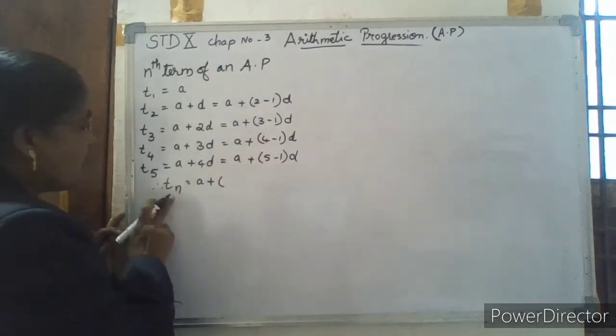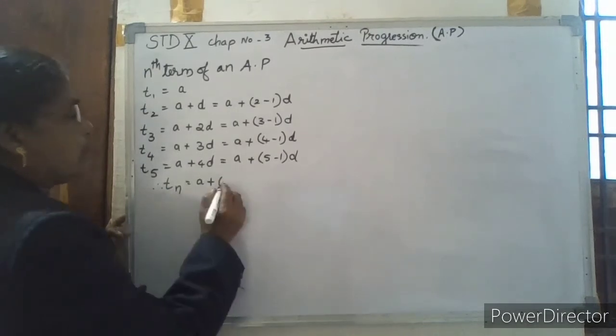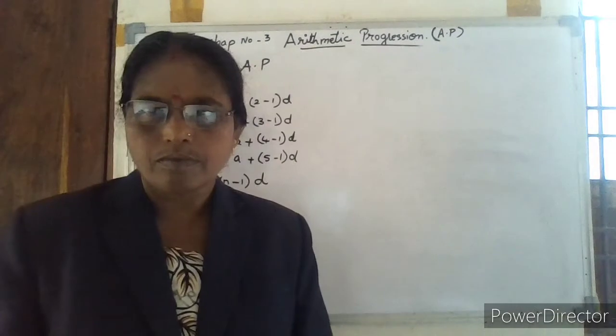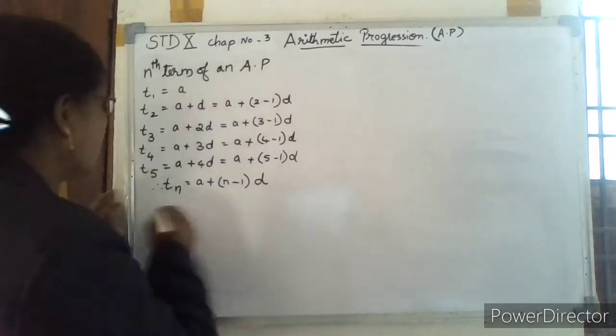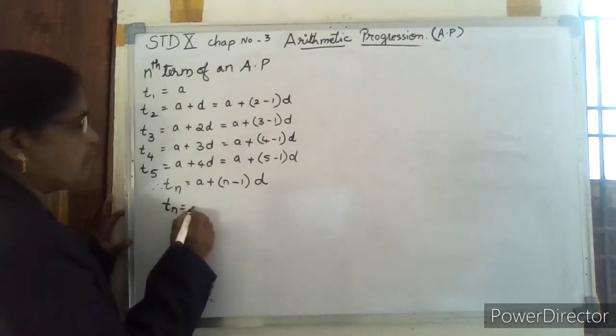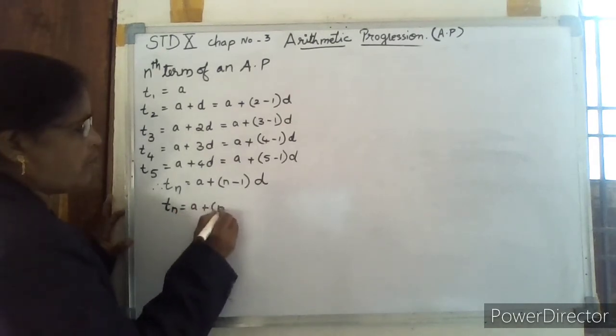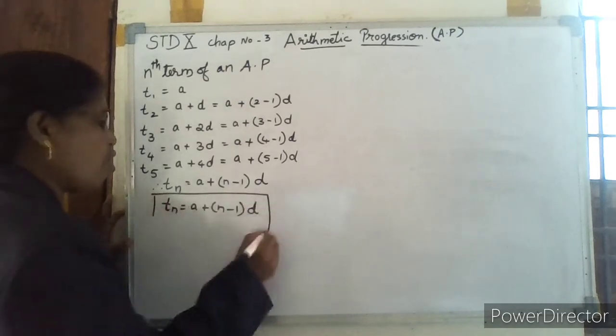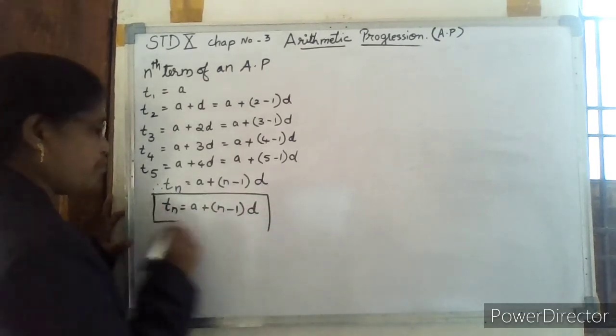So if the nth term is there, it means (n minus 1) into D. So ultimately the nth term is equal to A plus (n minus 1) into D. This is the formula of the nth term.